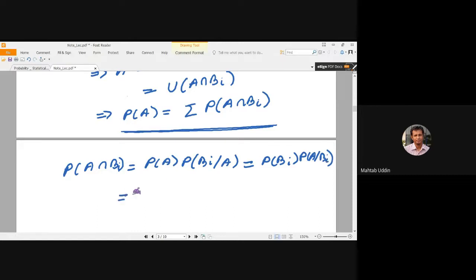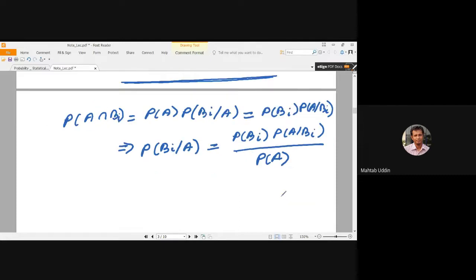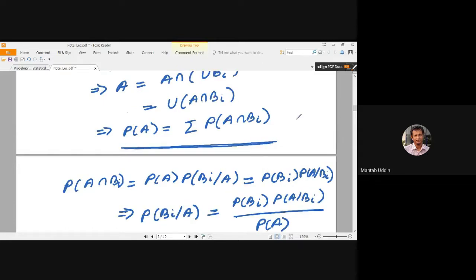So here I can write P of Bi under A is equal to what? Okay. Now take the result from here. Also, you can write sum of P of A intersection Bi.